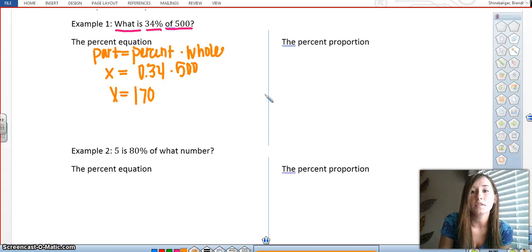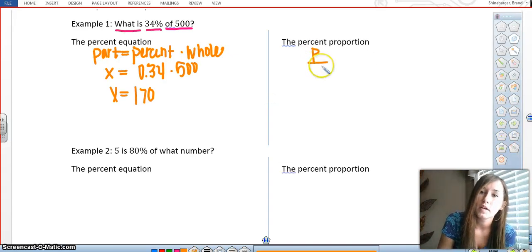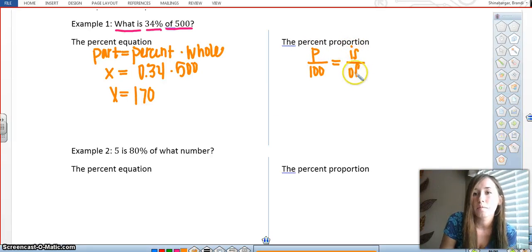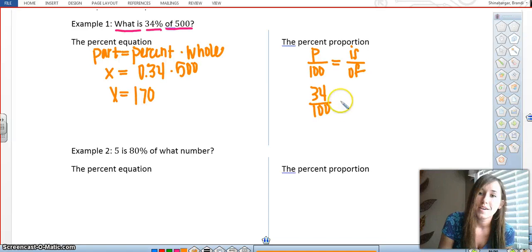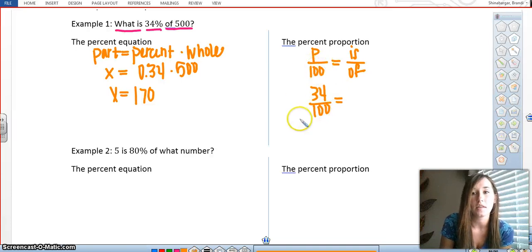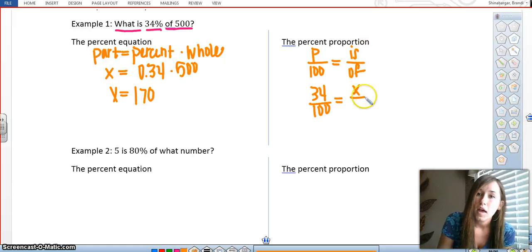All right, we can also try this using the percent proportion. P over 100 equals the part over the whole, is over of. Okay, in this problem, again, we knew the percent. We're just writing it over 100. See, in the proportion, you're always using the fraction method of writing your percents. The 100's already there for you. And then we were looking for the part, and we knew the whole, 500.